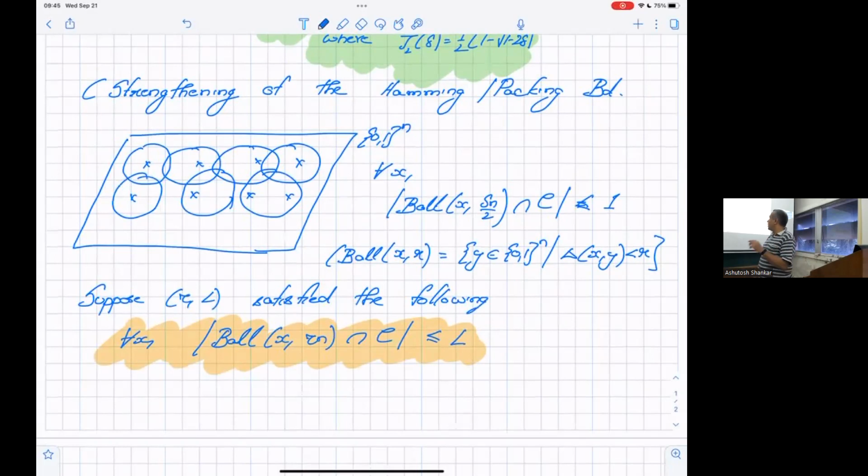Now I'm drawing balls of radius tau n around each code word. There is overlap; there are points getting covered by multiple balls. Now I want to ask what the maximum overlap for any point is.